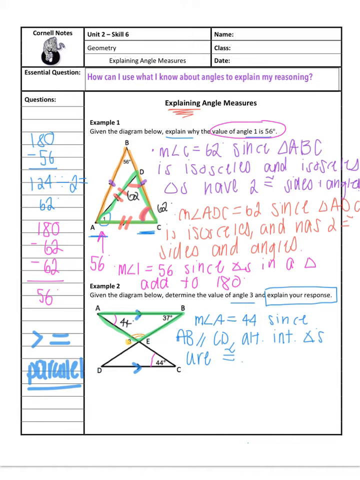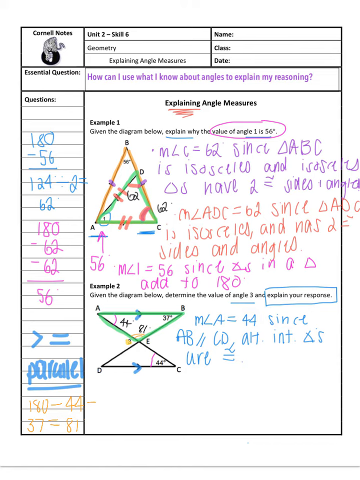So off to the side, we can take 180 minus the 44 minus that 37, and in doing so, we're left with 81 degrees. So this angle on the inside of our green triangle is 81 degrees.